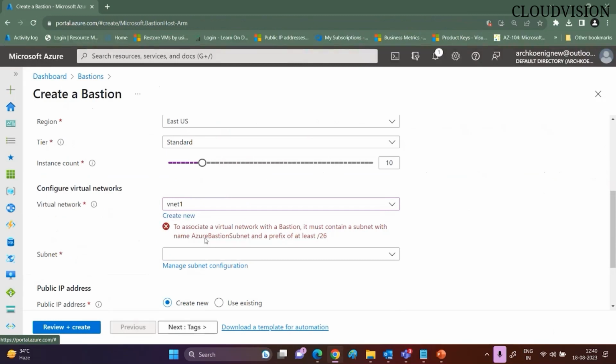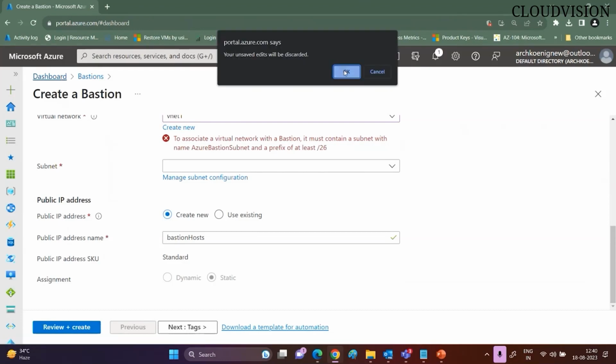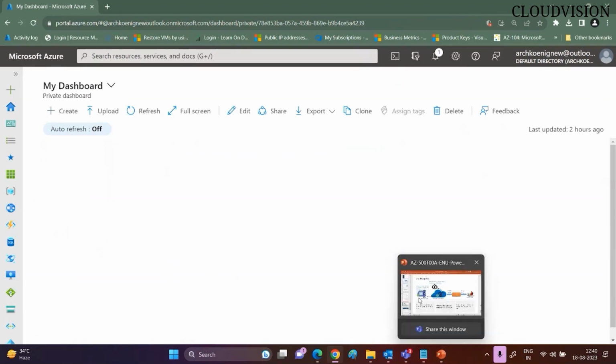So once you have a dedicated subnet, then you provide the public IP to it. It's a host, it's a jump host. So you provide a public IP, whichever public IP you create, and then you create it. Most of the PaaS offerings take time. This is going to take another 10-15 minutes to create. So once this Bastion host gets created, then we can take a remote session of our VM.